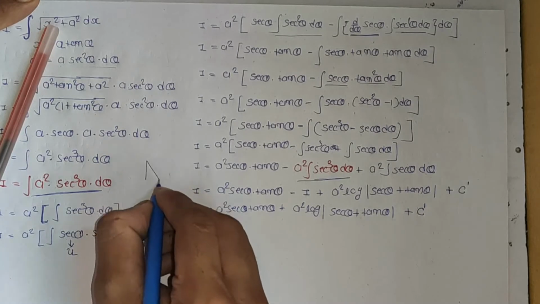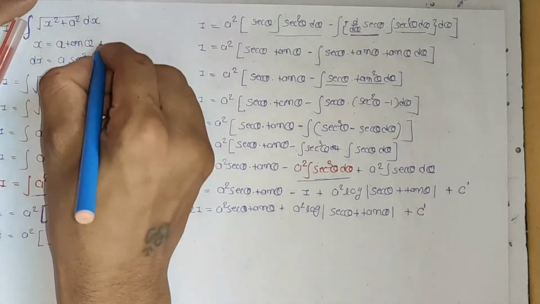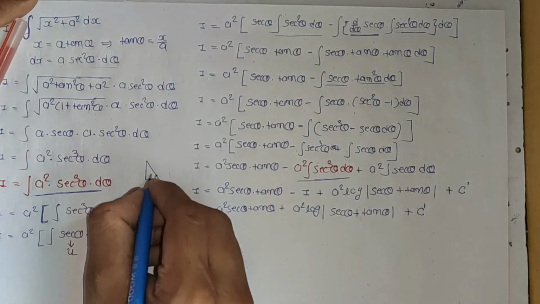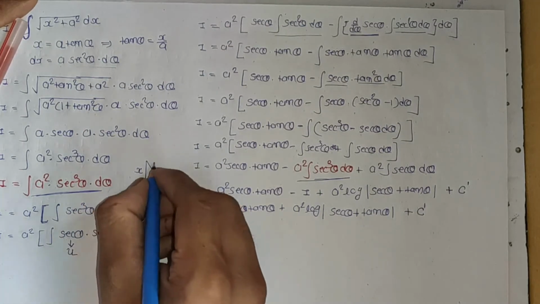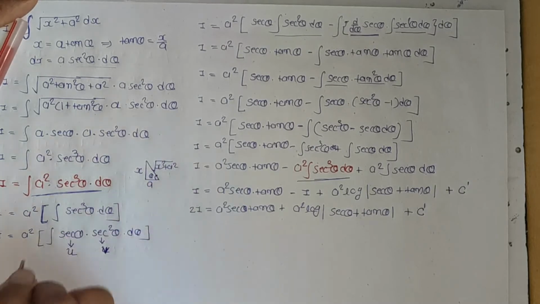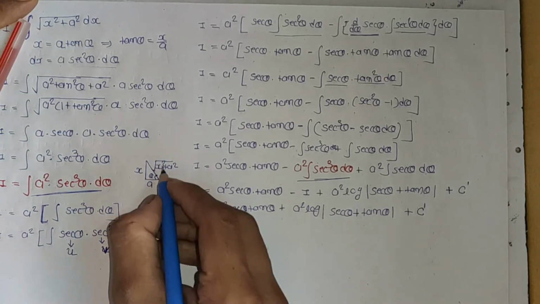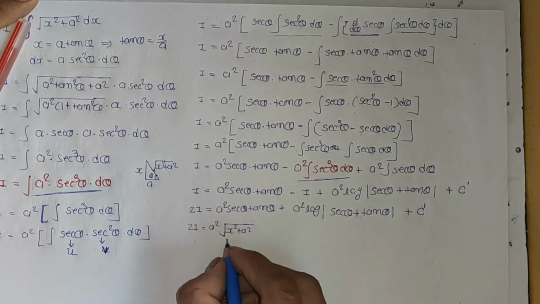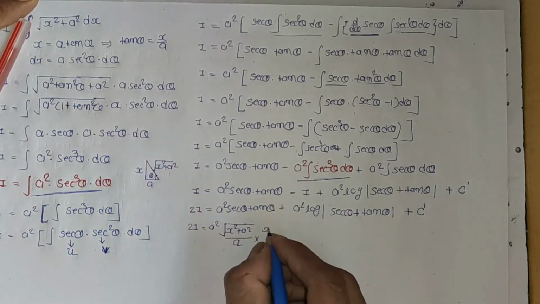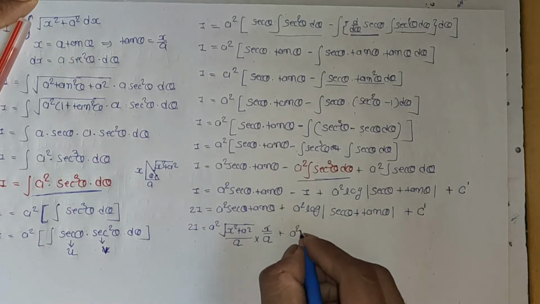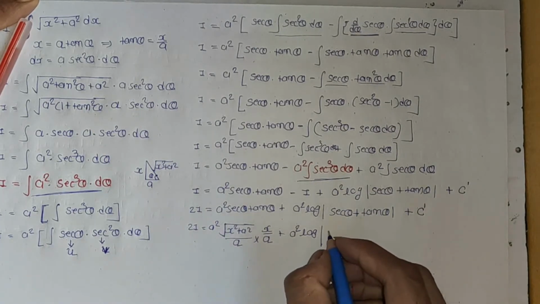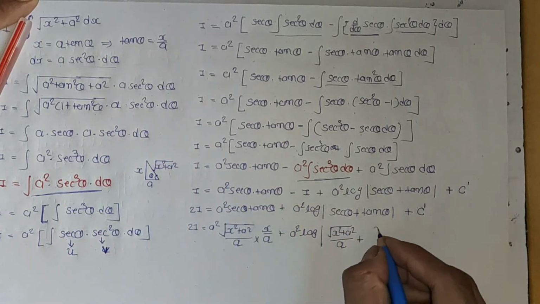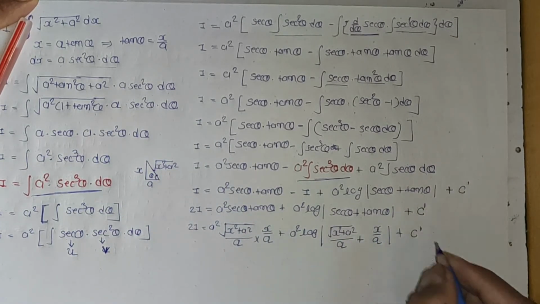Now tan theta equals x by a from here, and from this triangle the hypotenuse is square root x square plus a square, so sec theta is square root x square plus a square by a, and tan is x by a. So 2I equals a square times square root x square plus a square by a times x by a, plus a square log mod of sec, which is square root x square plus a square by a, plus tan, which is x by a, plus c dash, okay.